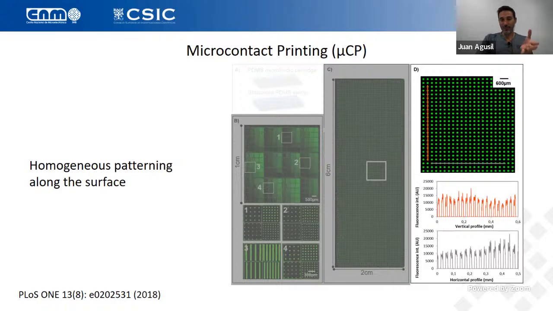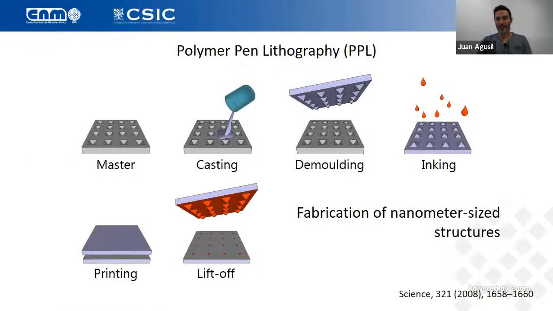But in case you need to go a little deeper and create smaller features, there's an alternative called Polymer Pen Lithography, developed by Chad Mirkin and his group in 2008. It follows the same principle as microcontact printing, but in this case it uses a polymeric stamp that ends in sharp features, in this case pyramids.